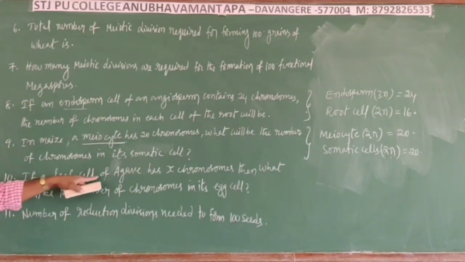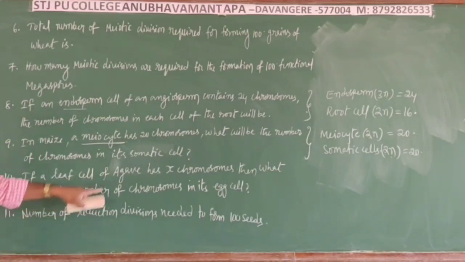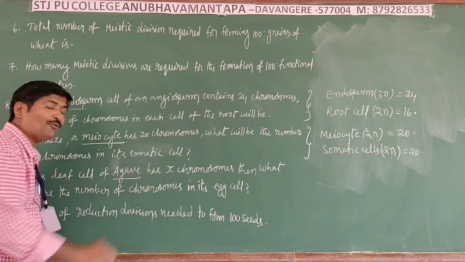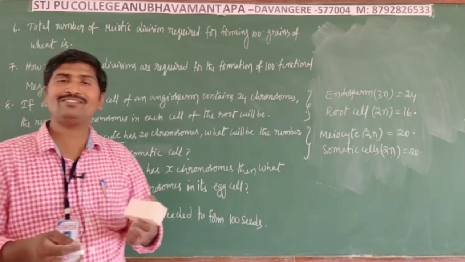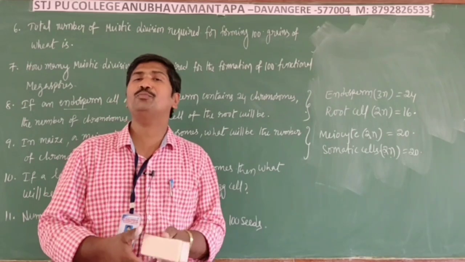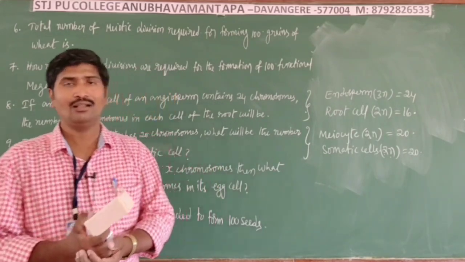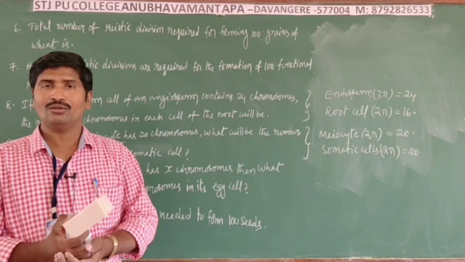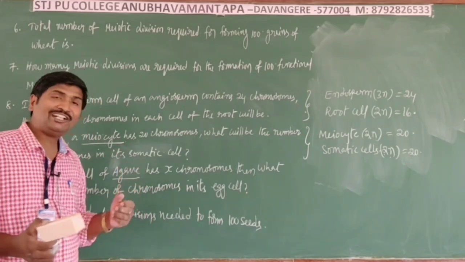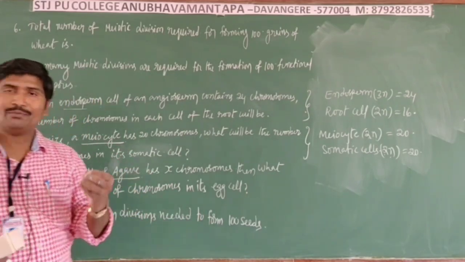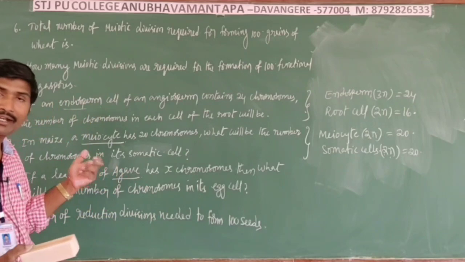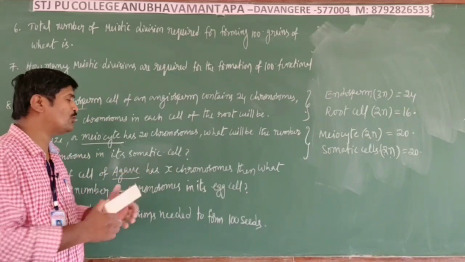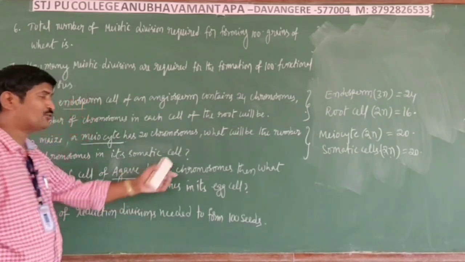Next one. If a leaf cell of agave. What is agave? Agave americana. It is the best example for vegetative propagation by bulbil. Agave americana has X chromosomes.